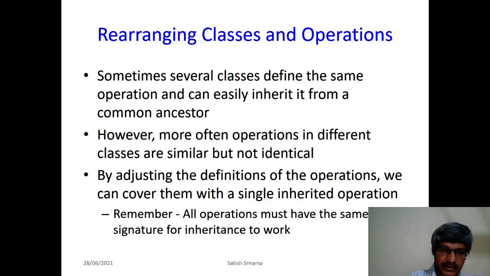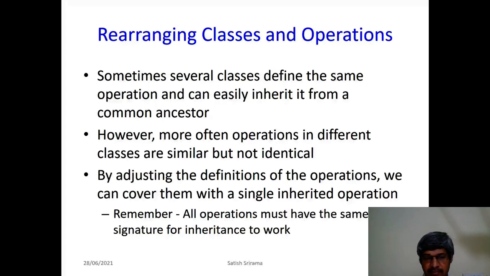Once again, remember that they are almost similar, but not exactly identical. But if we remember what inheritance is, all operations must have the same signature for the inheritance to work. They need to have exactly the same signature. But if you look at the operations in different classes, they look similar sometimes, but may not be exactly identical. I will be giving some examples immediately on the next slide.